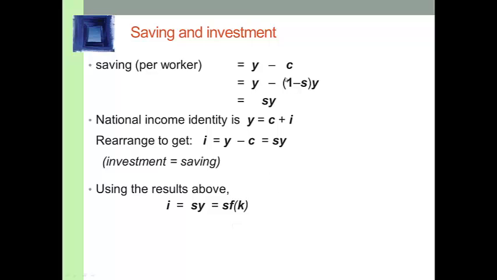Again, when we work through the algebra, the end product here is our investment per worker equals saving rate times output per worker, equals saving rate times capital per worker. Again, because the Solow framework that we are working with is a closed economy, investment equals saving.